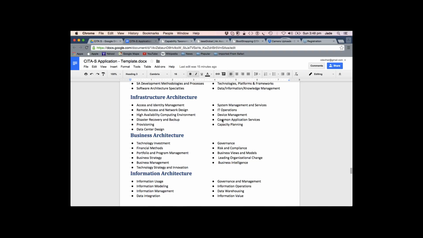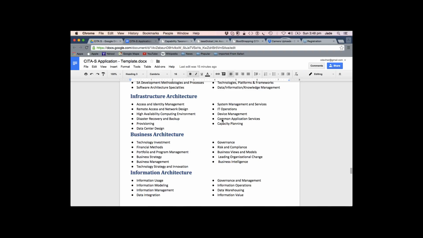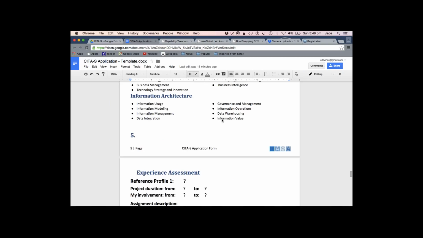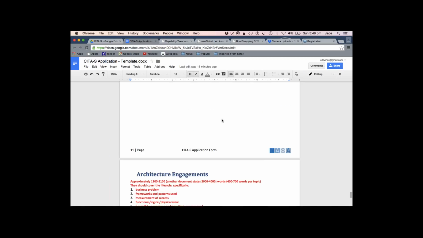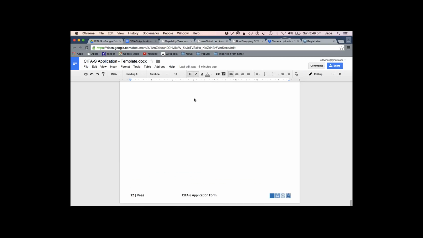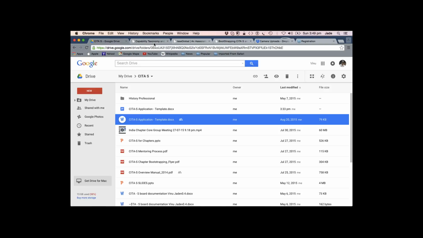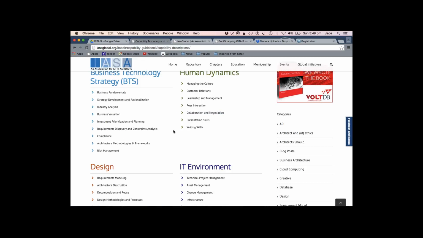Because, simple example, even though there are sub capabilities under the various capabilities, they are mostly interrelated. So if you have done requirement modeling and under the design section there is traceability throughout the life cycle, and one is not talking about how they have established the traceability starting from requirement to the design to the development to the testing to the change life cycle management, then people will simply assume that one has not exhibited certain behaviors, and that could result in a failure.